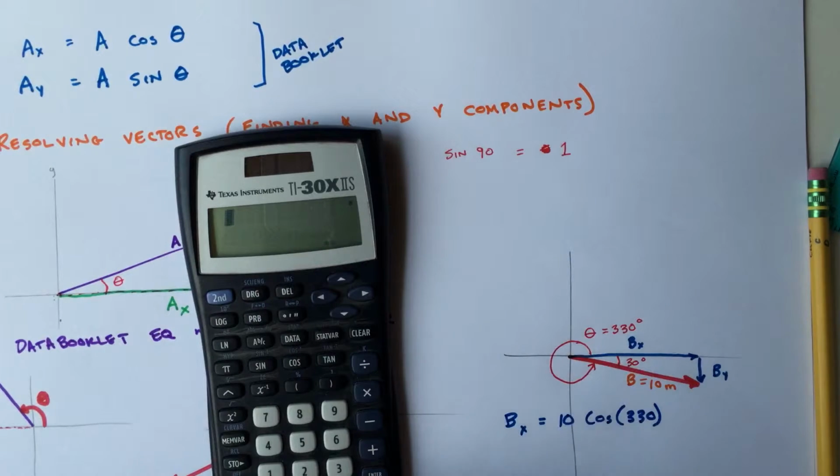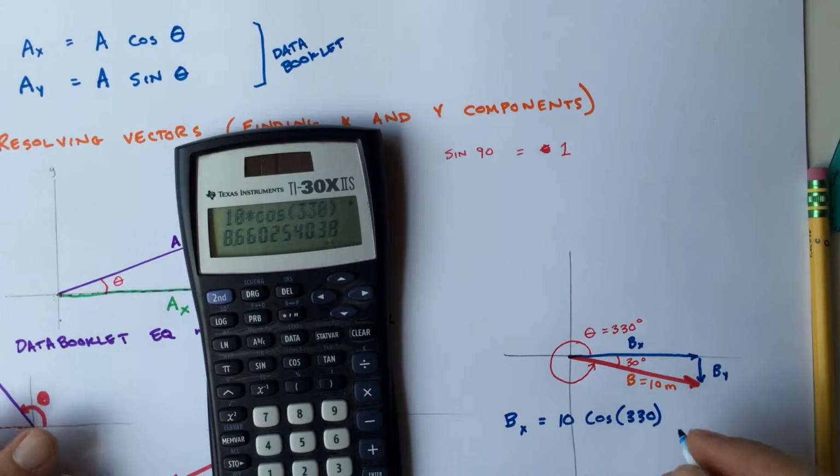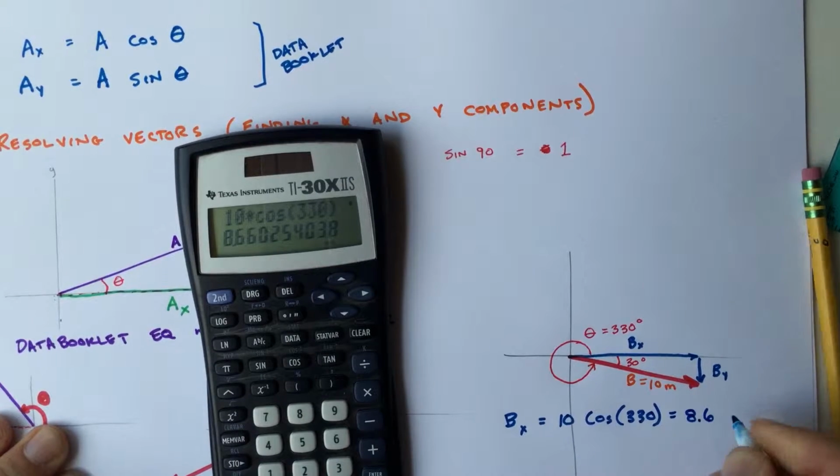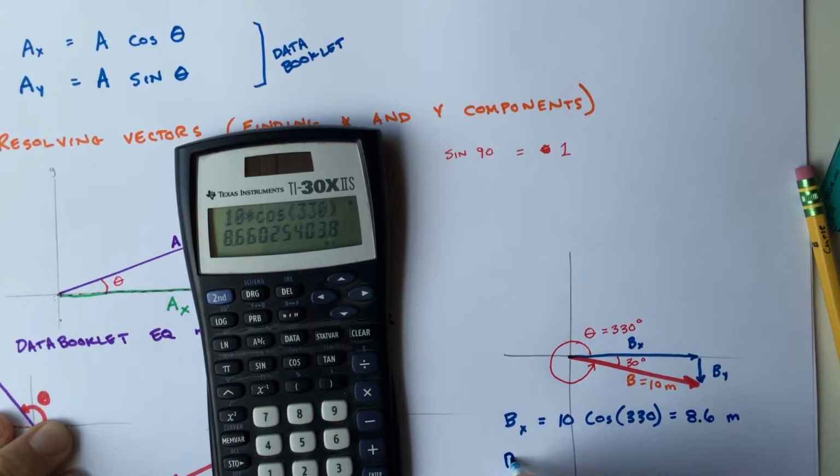Well, let's crunch it out. We have 10 times the cosine of 330 degrees. That's 8.6 meters. And by is going to equal 10 times the sine of 330 degrees.